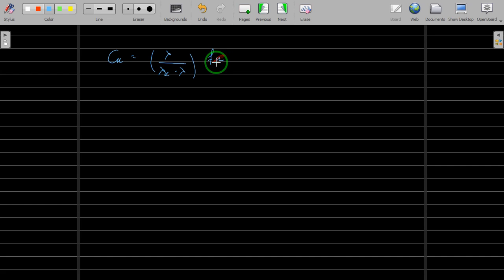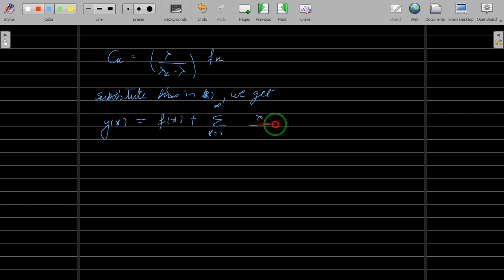Remember this f_k is nothing but the inner product of f with phi_k. So when you take this and substitute in star, we get y(x) is equal to f(x) plus the series summation k from 1 to infinity lambda upon lambda_k minus lambda f_k, and then phi_k of x.